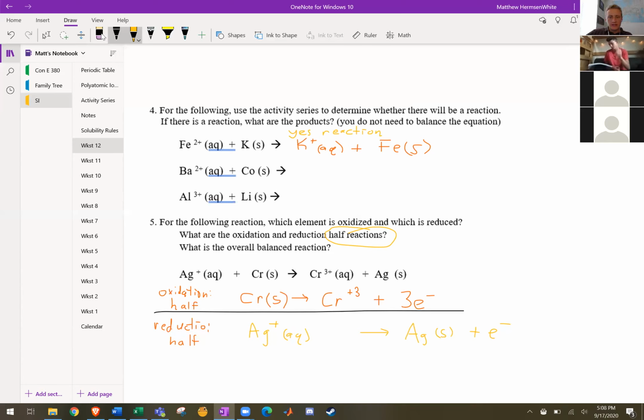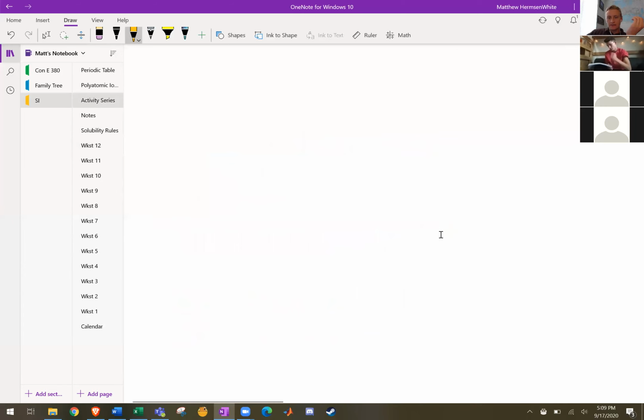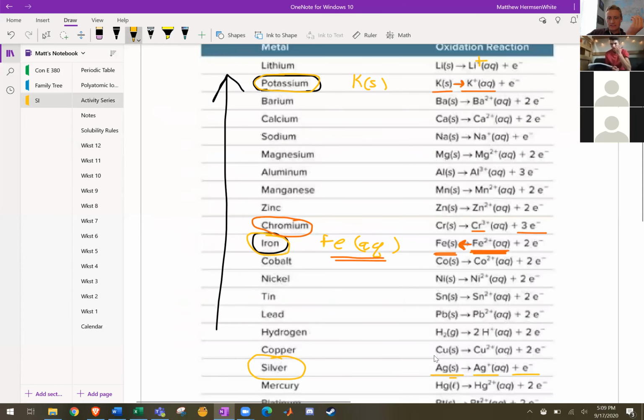No, wait, it is minus, isn't it? Electron. But I guess you always want to have it just like what's on the activity series. So just go to the activity series and you'll say you have a plus e minus on the aqueous side. I guess that would be the only advice I can say: stick to whatever is right here.